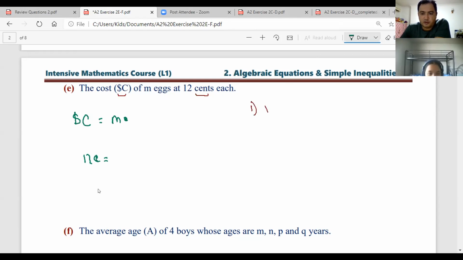So you need to write 12 cents equals $0.12. Then write your answer. If you're buying M eggs, each one is now $0.12. So C will be M times 0.12.